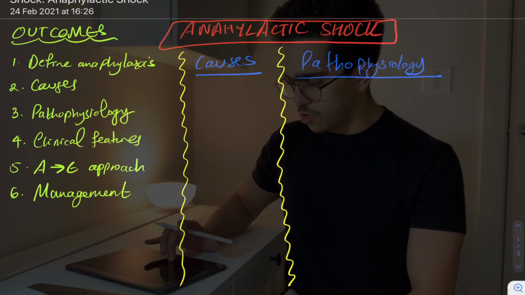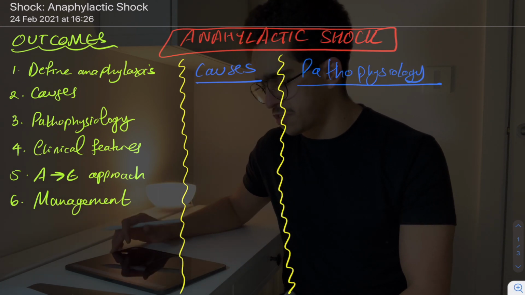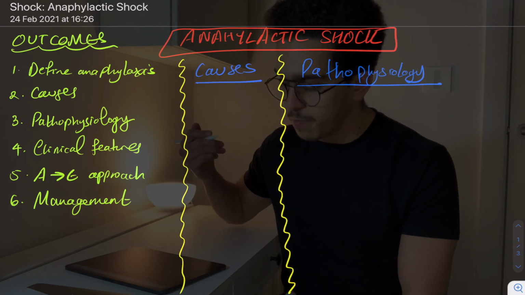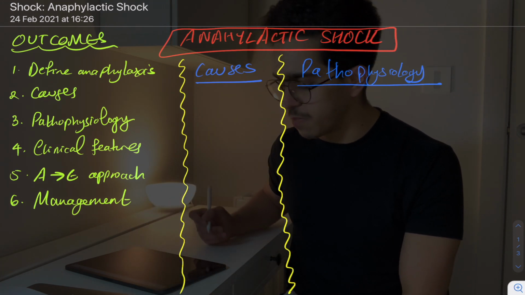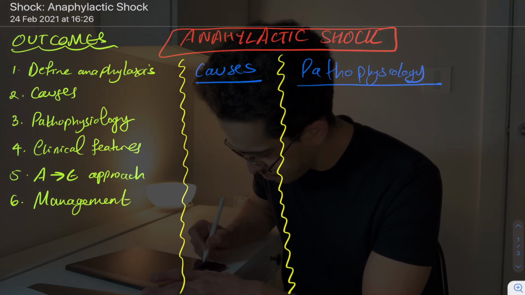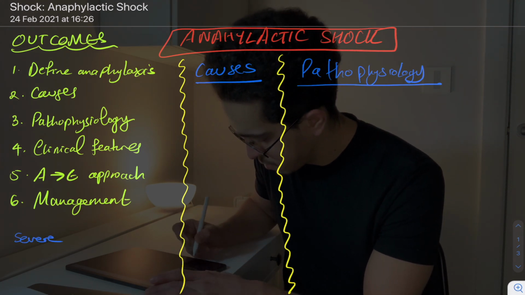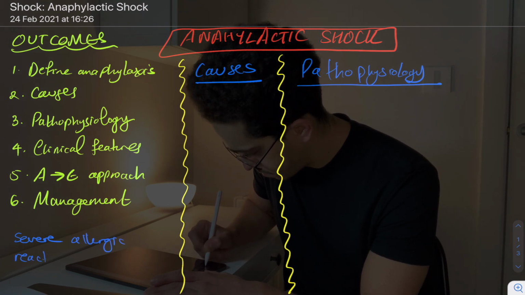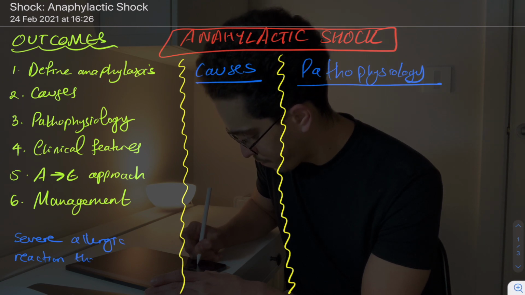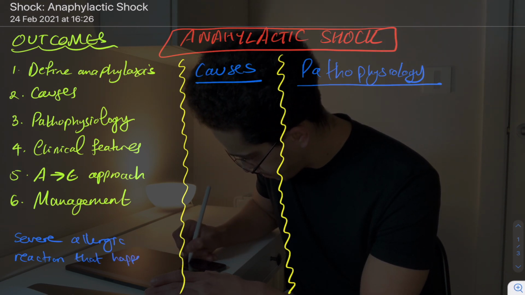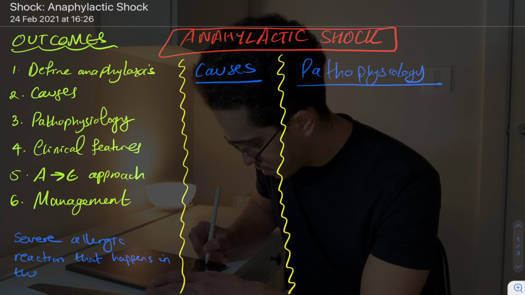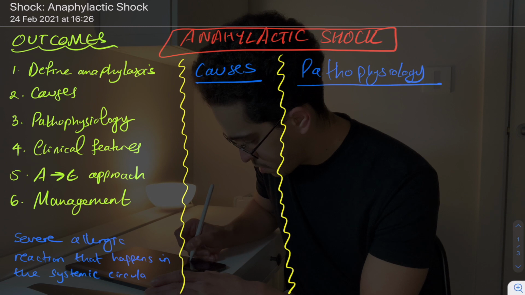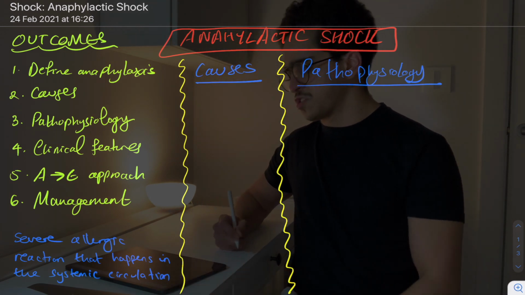Okay, so first let's define what anaphylaxis is. An anaphylactic shock is a severe allergic reaction that happens in the systemic circulation, and it causes shock.